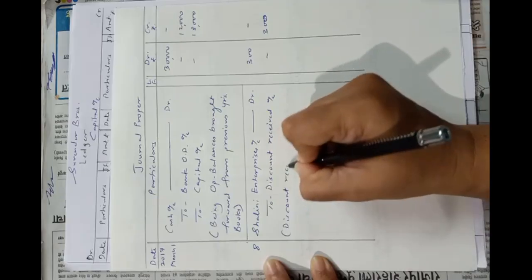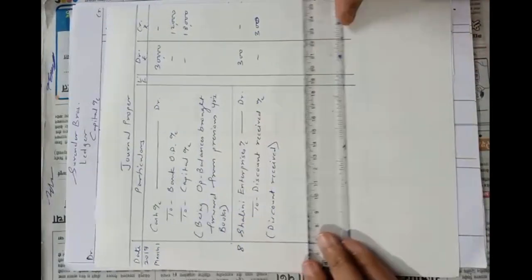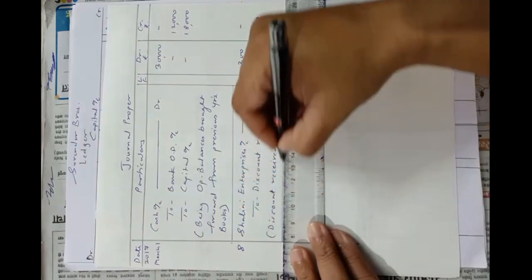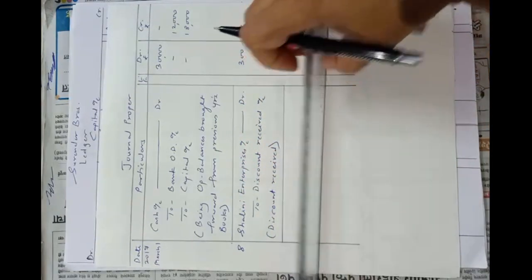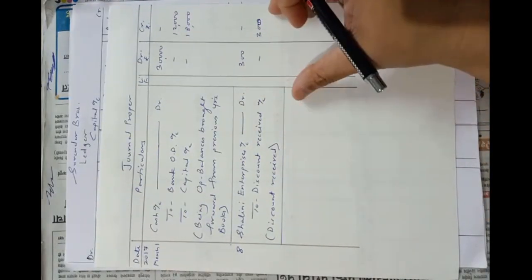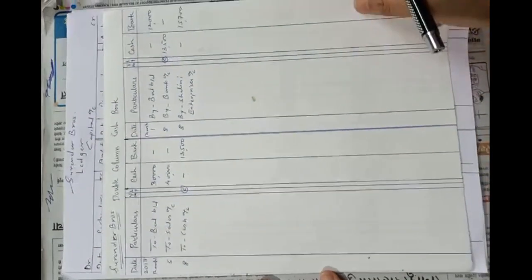Being discount received. This much narration is sufficient. Shalini Enterprises account is debited because debit the receiver. Discount account is credited because it is our profit, income or gain.